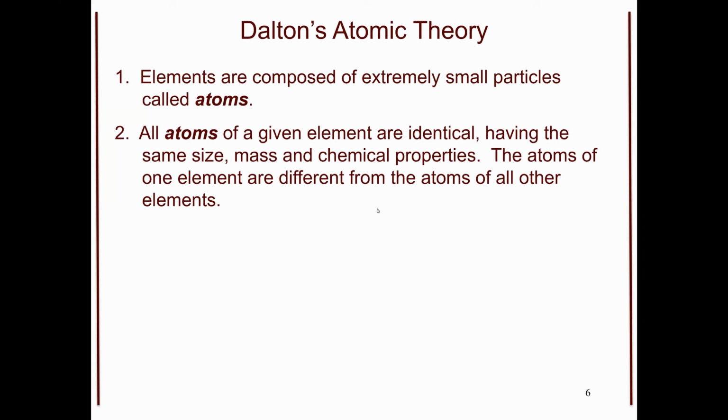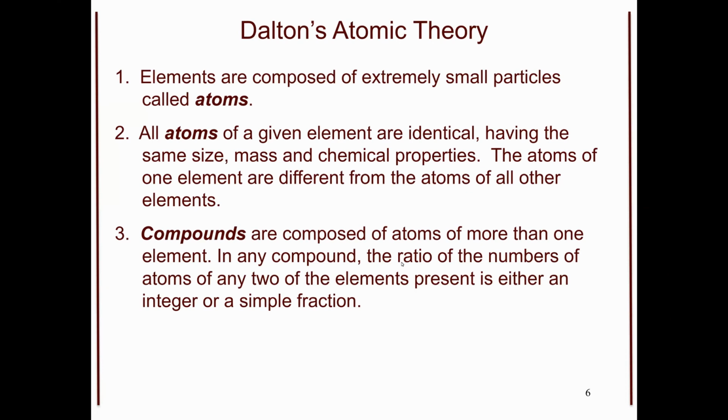Not all atoms of a given element are identical. We are going to talk about that here in a little bit when we deal with isotopes. This means that they may have a little bit different size and mass, and it could change the chemical properties. But the biggest thing here is the atoms of one element are different from the atoms of all other elements. This is true by the number of protons, and we will talk about that in the next video.